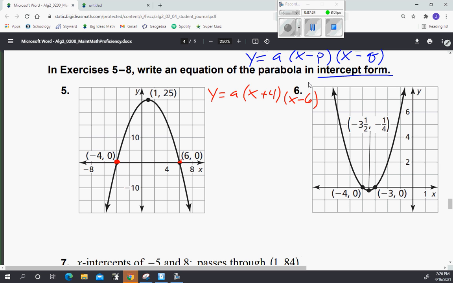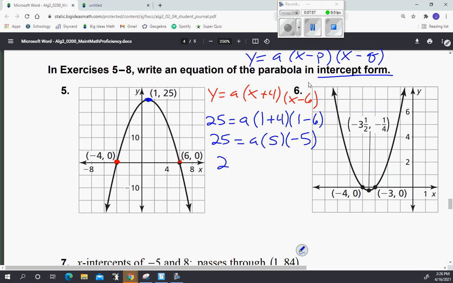Okay, and again, same process. We have to solve for a. So they give us point 1, 25. So 25 equals a times 1 plus 4. Remember, we're just plugging in x and y. Times 1 minus 6. Keep solving. 25 equals a times 5 times 1 minus 6 is -5.